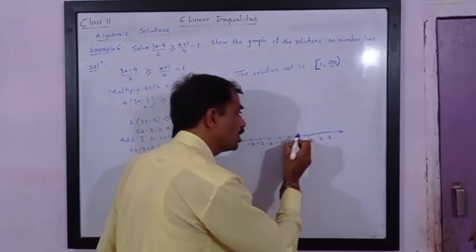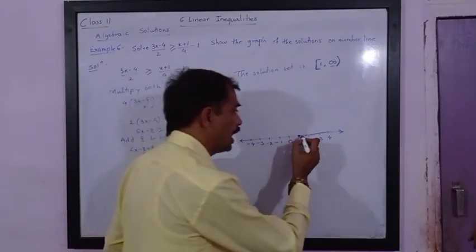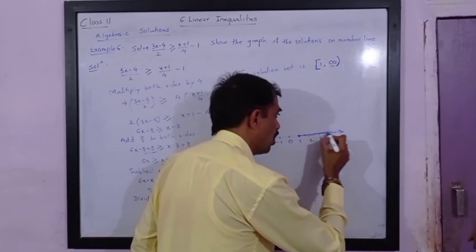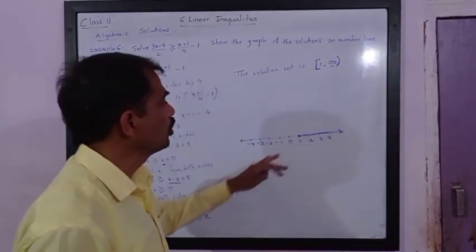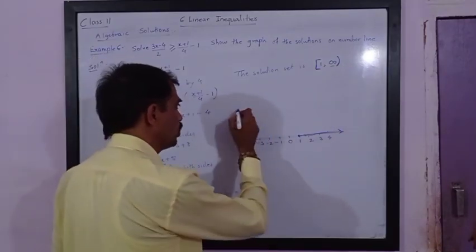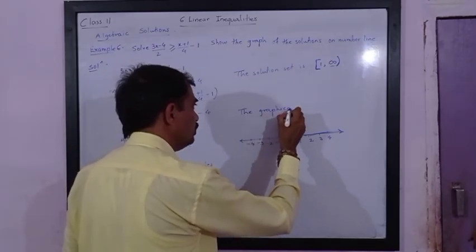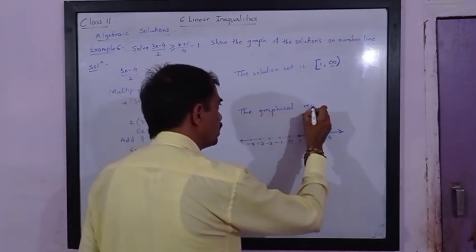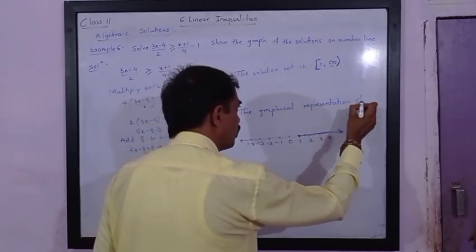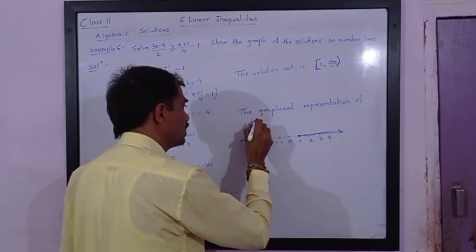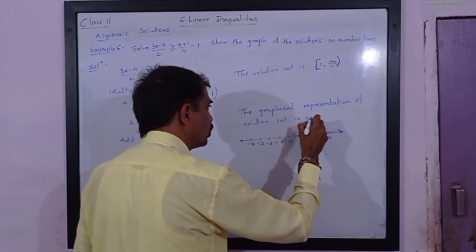It is not a ring, it is not a bubble. So here x will have all the values right from 1 to a very large number. The graphical representation of the solution set is as shown in the figure.